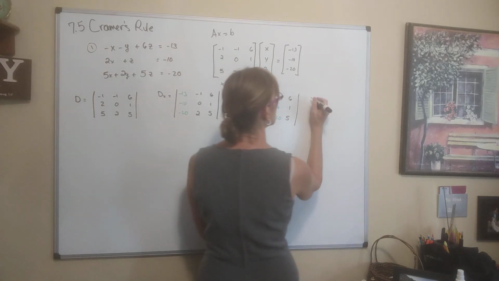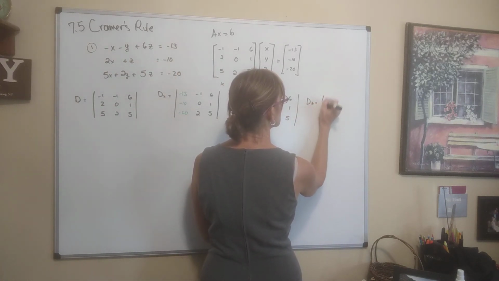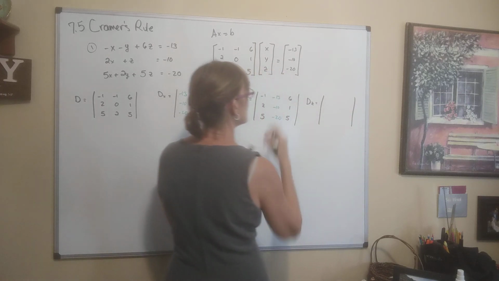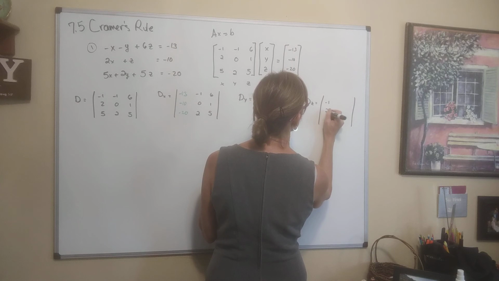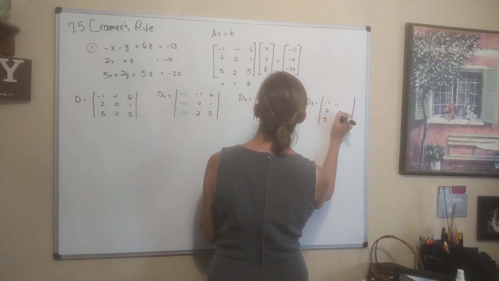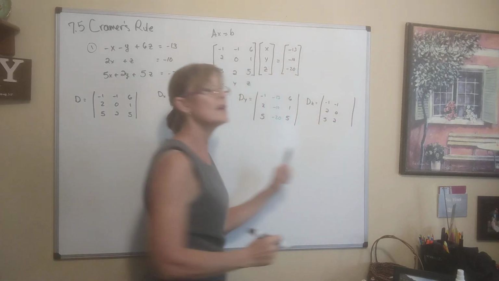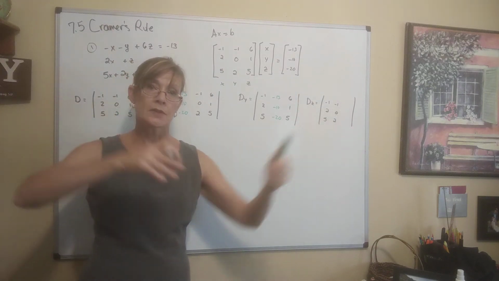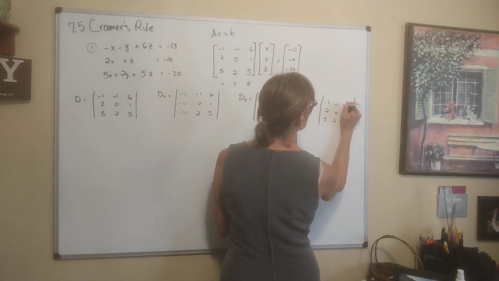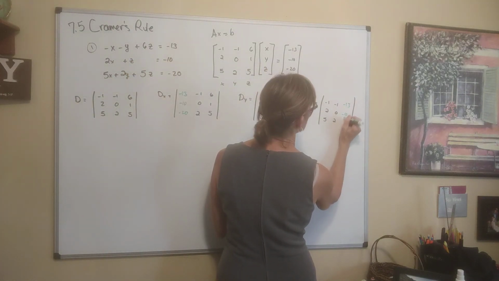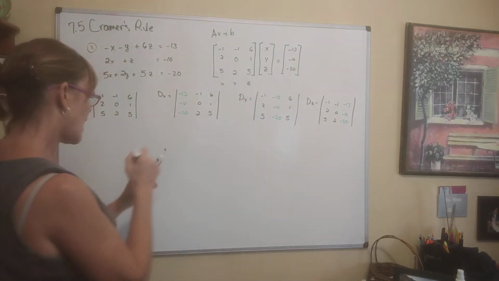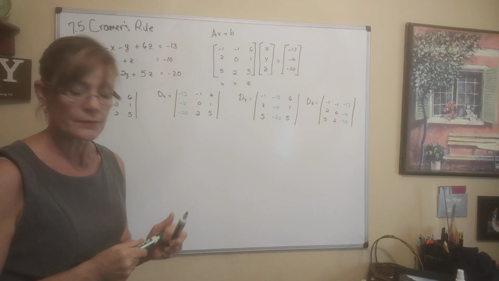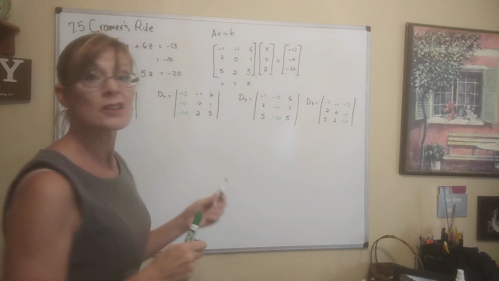D sub Z is going to be the coefficient matrix, negative 1, 2, 5, negative 1, 0, 2. However, the Z column is replaced with the solutions, negative 13, negative 10, negative 20. All right, I'm sure that I will ask you to write that down. You may use your calculator, but there's a lot of typing involved.